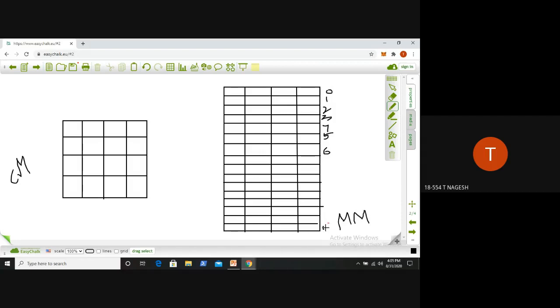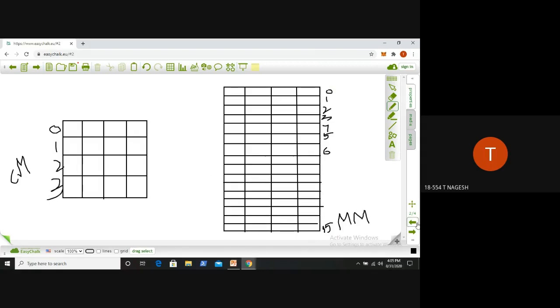As we are starting from 0, 16 blocks will come out to be 15 at the last, right? So these are the number of blocks in the main memory, and these are the number of lines in the cache memory. So this is the 0th one, first one, second one, and third line.